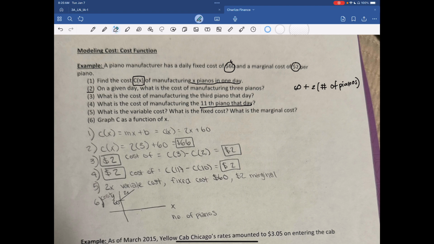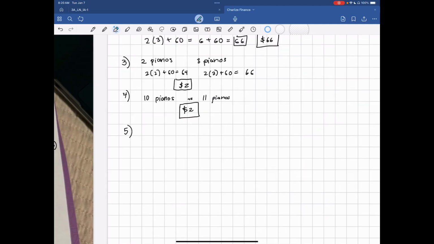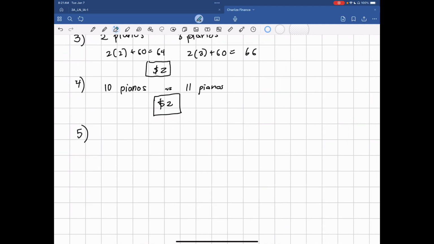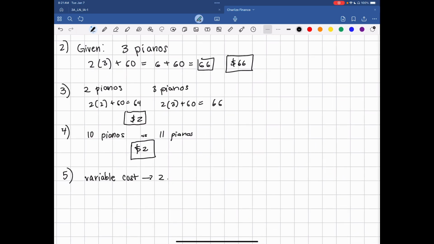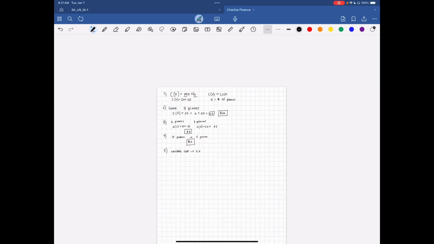For number five, it's asking what is the variable cost, what is the fixed cost, what is the marginal cost. So I believe the variable cost is the cost that depends on the variable. I think that's how I interpret it. And in this case, it would be the 2 times x.